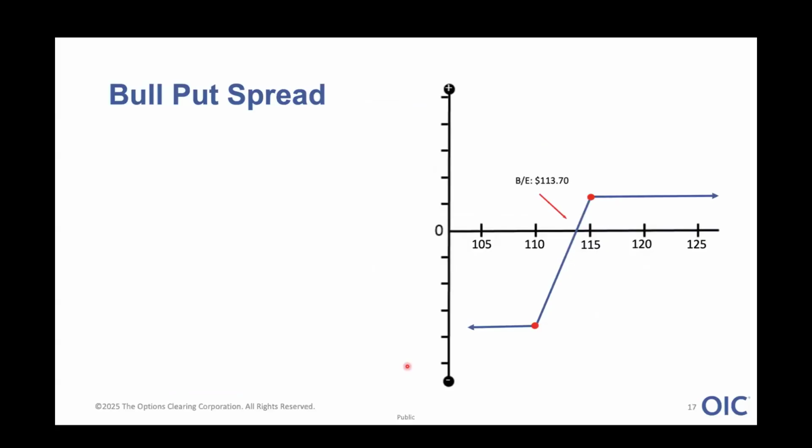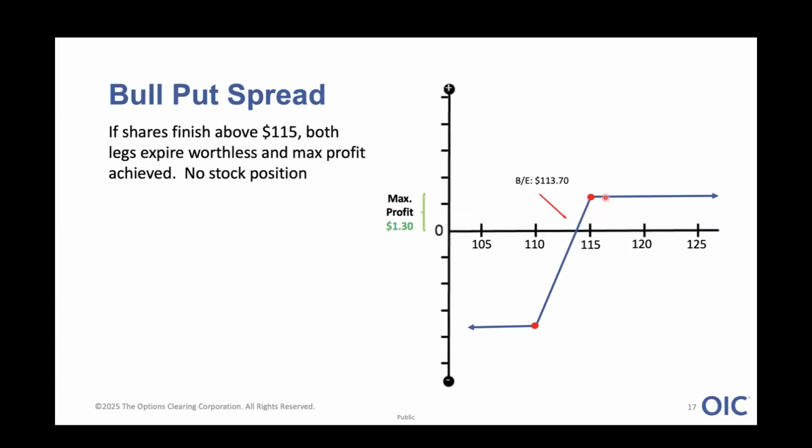It's called a bull put spread because obviously you want the shares to go higher. If the shares finish higher, let's say at 116, both of these puts would theoretically expire worthless and you would keep the full $1.30 credit that you sold the spread for. So if the shares finish above 115, both legs expire and you achieve your maximum profit.